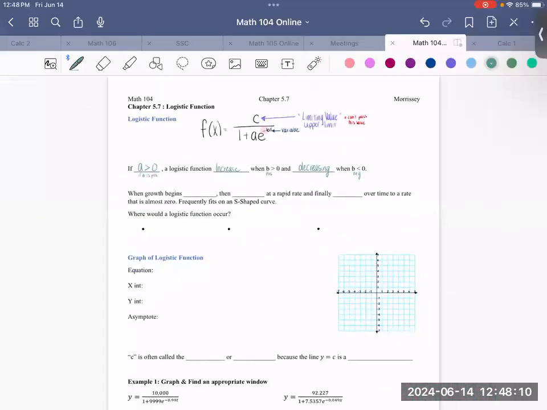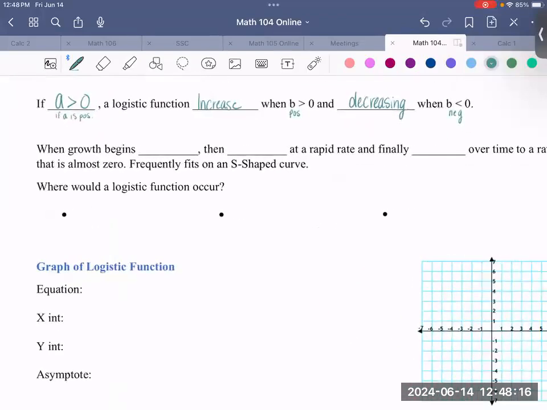Now, logistic functions, we said, are a little different than the other ones that we have seen and become familiar with, because these are kind of an example of an exponential growth or decay, but they're going to be shaped a little bit differently. When growth begins, it goes slowly to start.